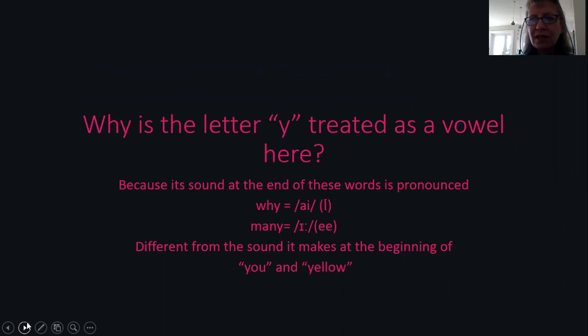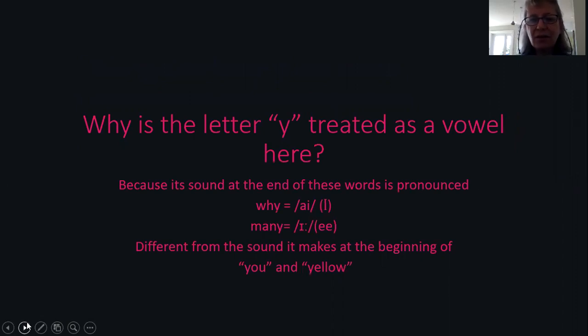So you might already have a question, why is the letter Y treated as a vowel here? Because isn't the letter Y traditionally a consonant? Well, yes it is, as a letter, but there are letters and there are sounds.